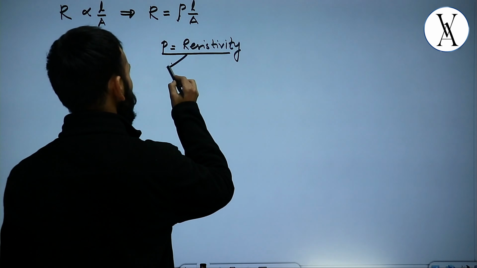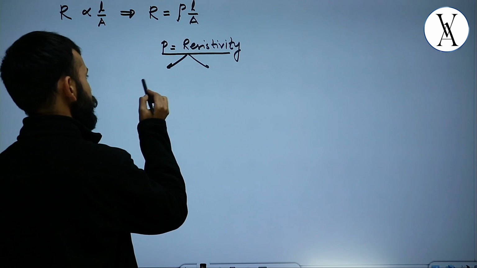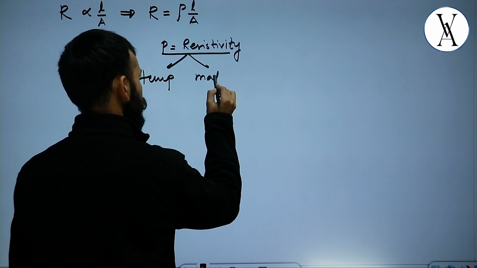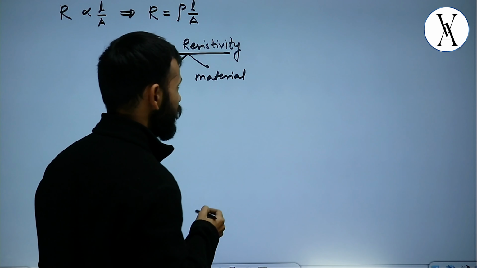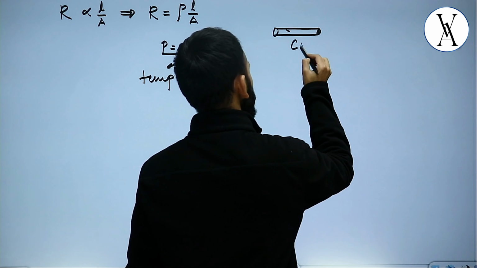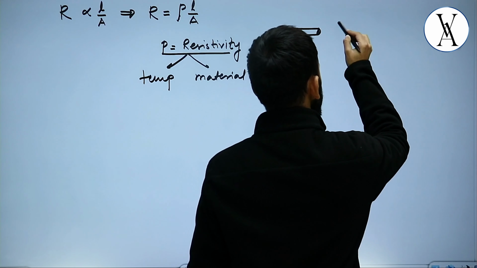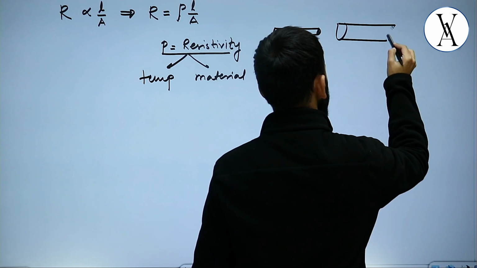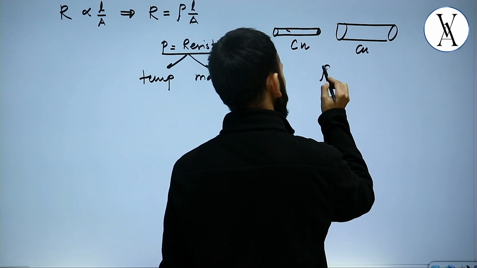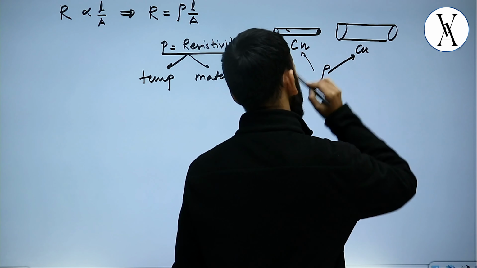This resistivity only depends on two factors: temperature and material. If I have two wires, both made of copper, then the resistivity of both wires is the same.